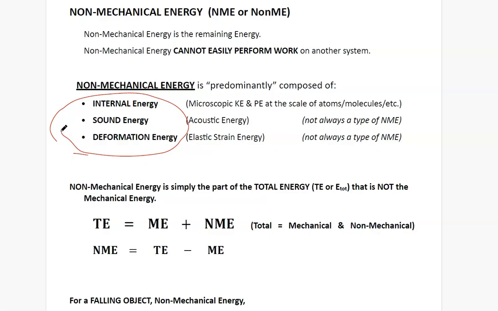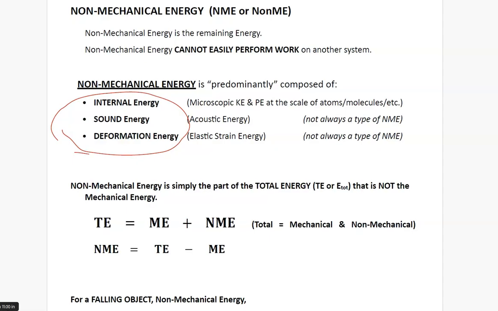Sound energy is the movement of the molecules that carry sound through the air or through solids or through liquids. This is more accurately referred to as acoustic energy, but if you just said sound, that would be fine. And then the third one is deformation energy, also known as elastic strain energy.